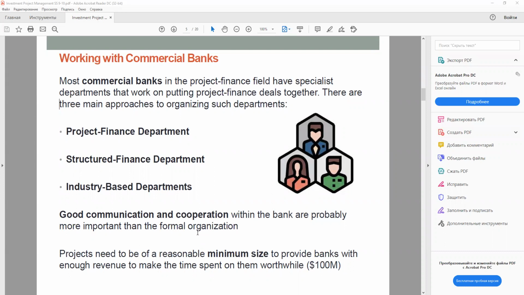The second approach is a structured finance department. The divisions between project finance and other types of structured finance have become increasingly blurred, and therefore project finance often forms part of a larger structured finance operation. Again, there may be a division into industry teams.